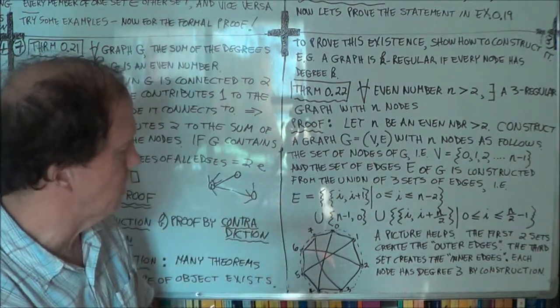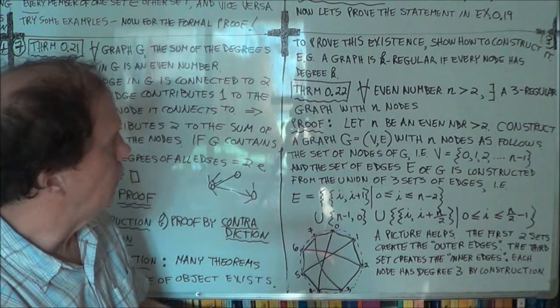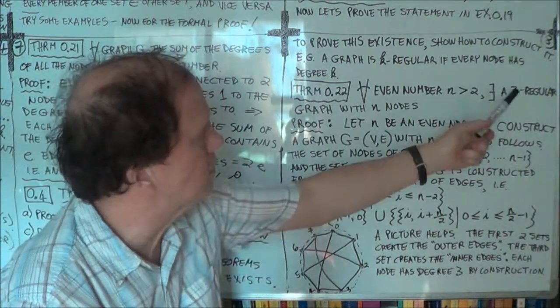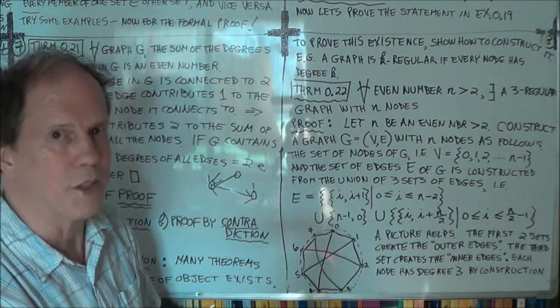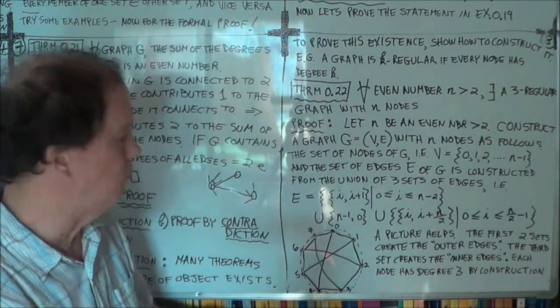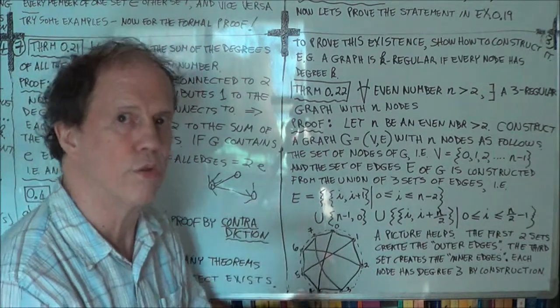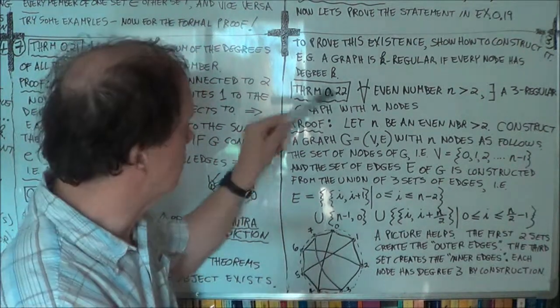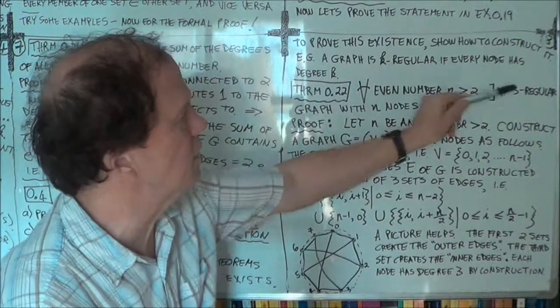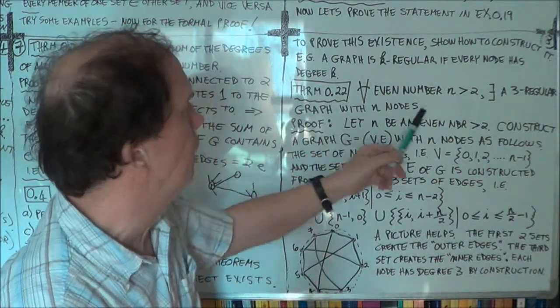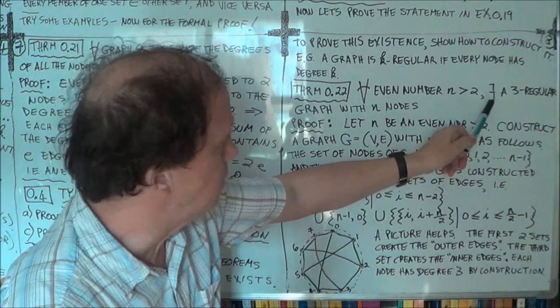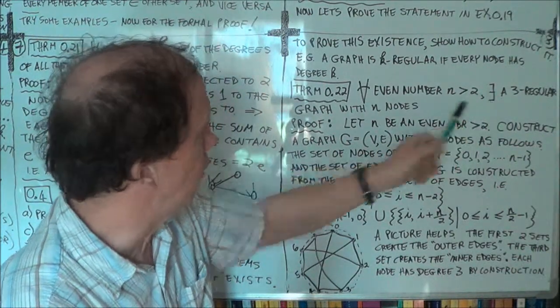You've actually constructed a graph that satisfies the theorem statement. There is such a graph. It can be done. So by constructing it, you proved that it does exist. So it's an existence proof. You've shown that there is a graph with these properties.